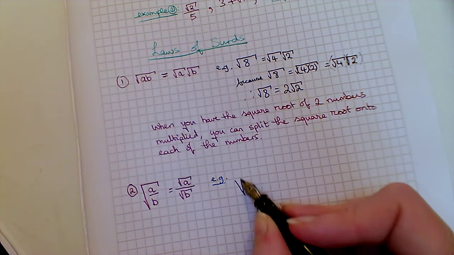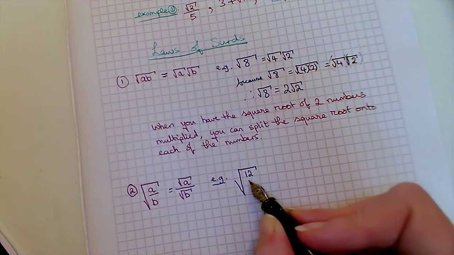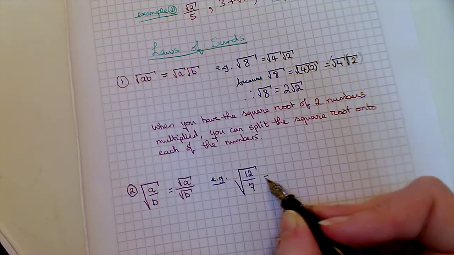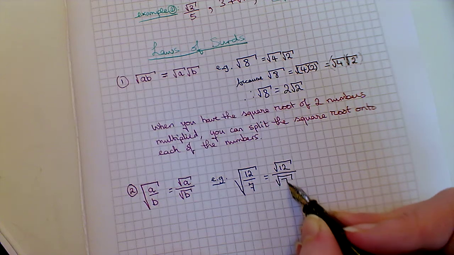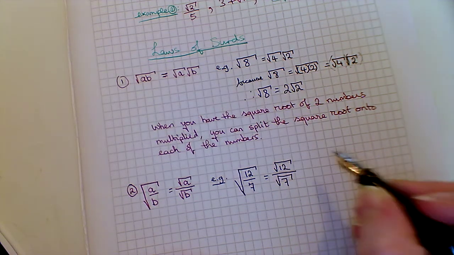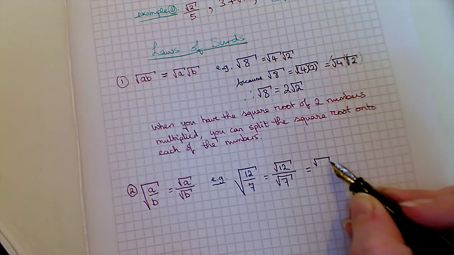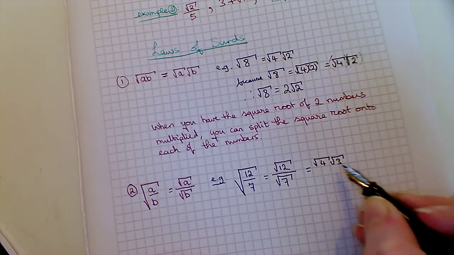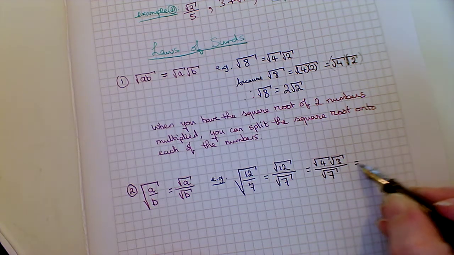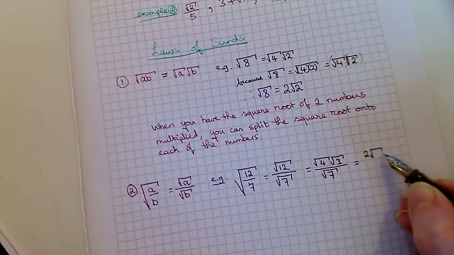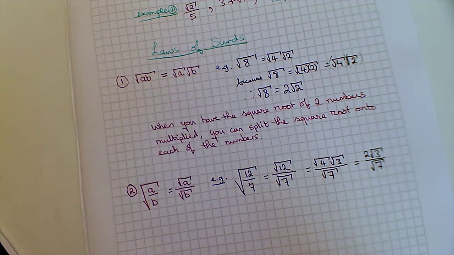If I have the square root of 12 over 7, that's the same as the square root of 12 over the square root of 7. And following on from our previous law as well, the square root of 12 can be written as the square root of 4 by the square root of 3 divided by the square root of 7, which doesn't simplify. So our calculator would simplify this to 2 root 3 over the square root of 7.